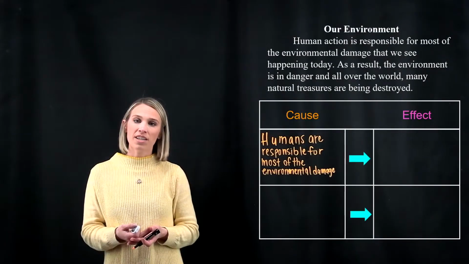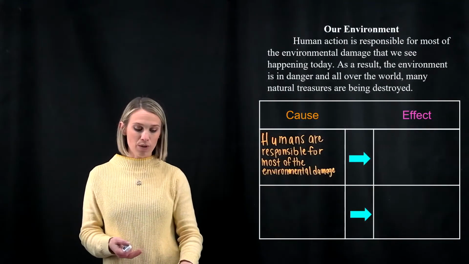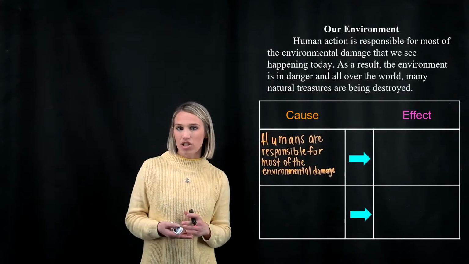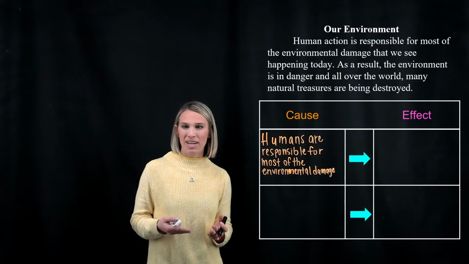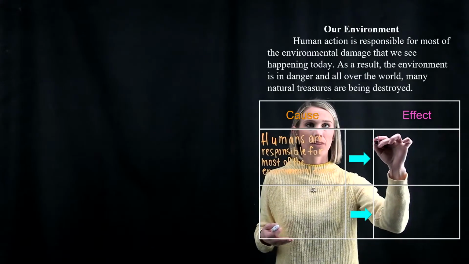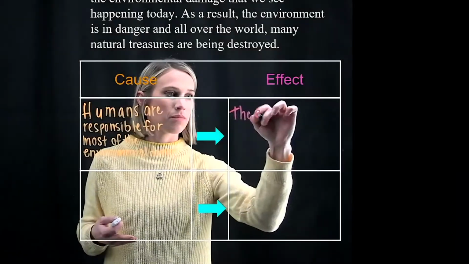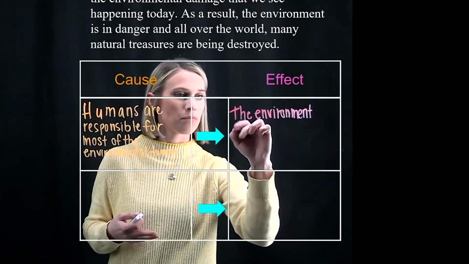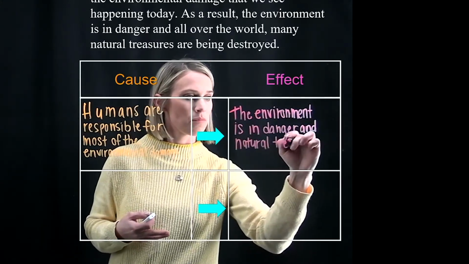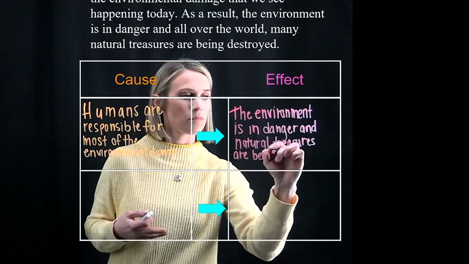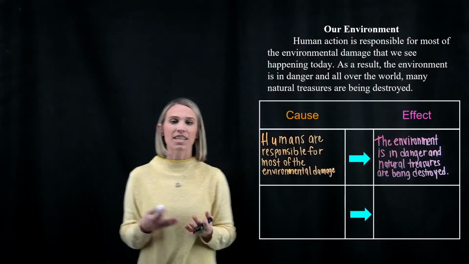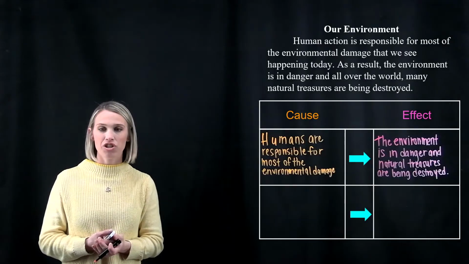In the first box under effect, I'm going to use my pink marker to write the environment is in danger and natural treasures are being destroyed. This is the first cause and effect relationship in the passage.